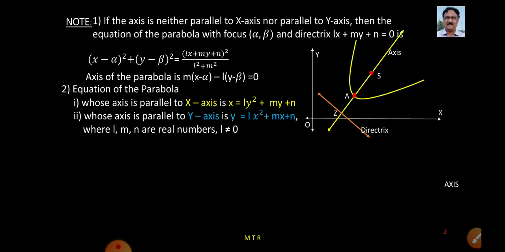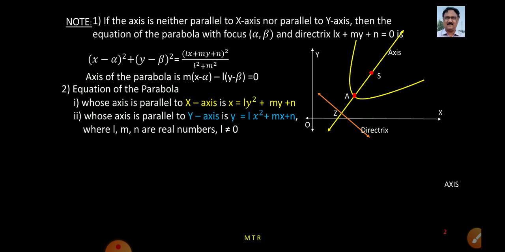Now note 2 is very important, 7 marks in our IPE. In IPE, you are asked to find the equation of a parabola whose axis is parallel to the x-axis and which passes through 3 given points. For that problem we apply note 2.